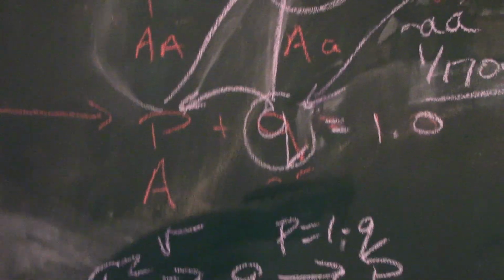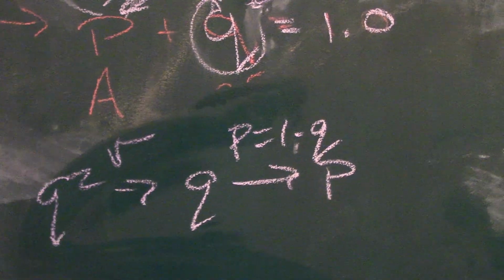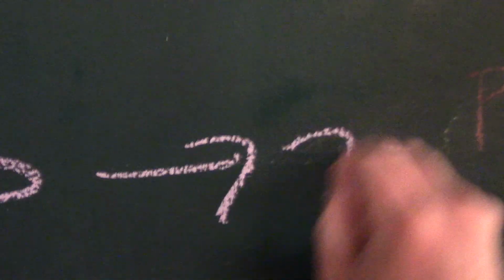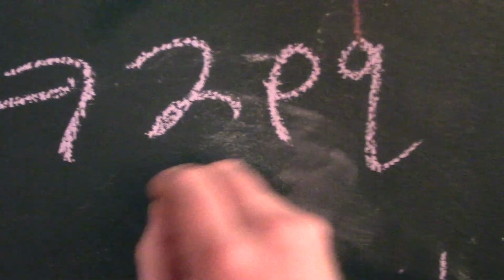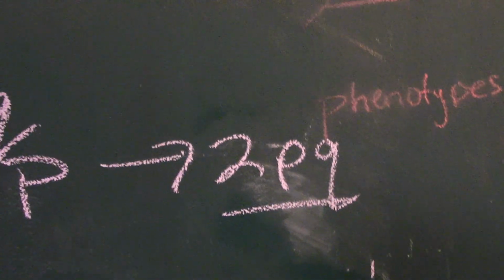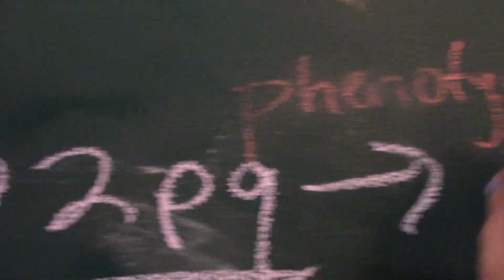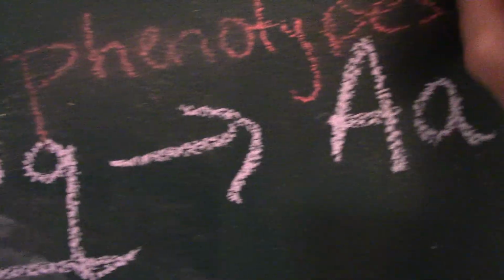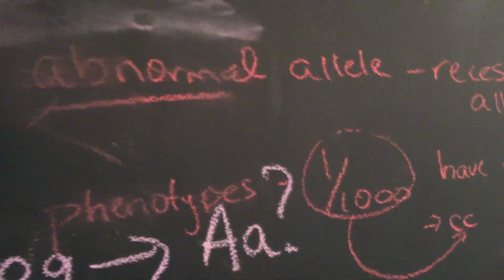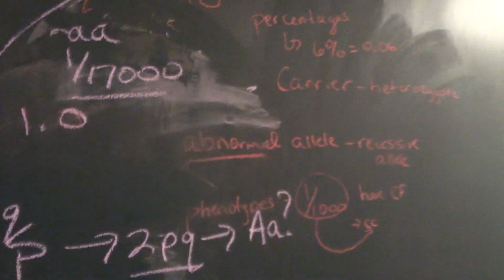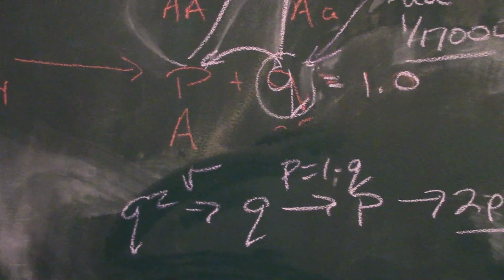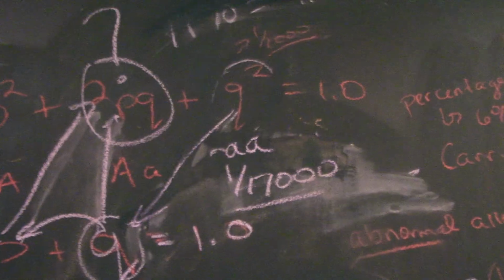So quite a few different steps here. So from that, I can get 2pq, and then that will equal the amount of individuals that are that, which is what we're trying to find. Okay? So let's do it. First thing is 1 divided by 17,000.